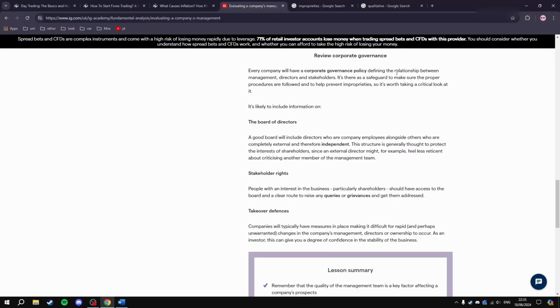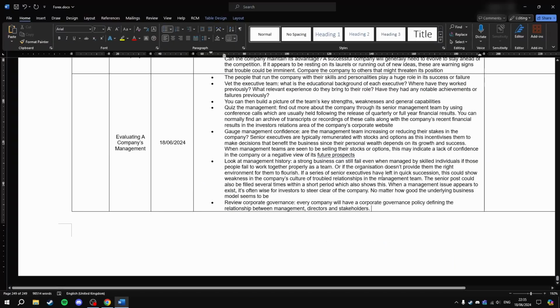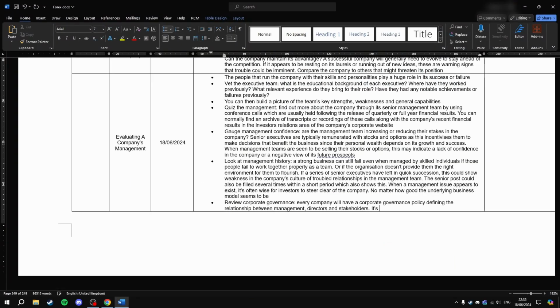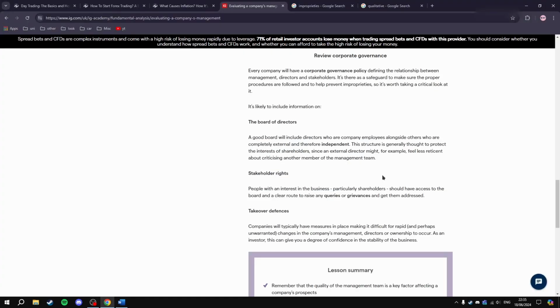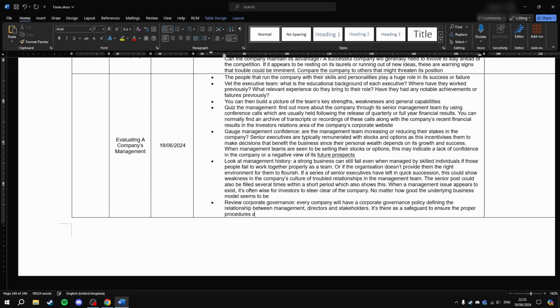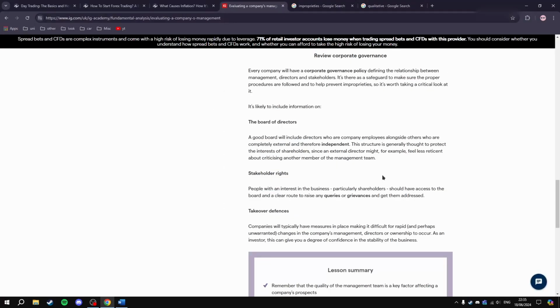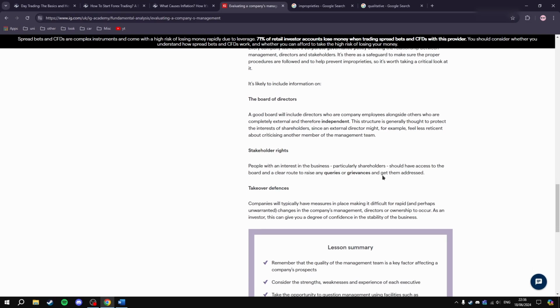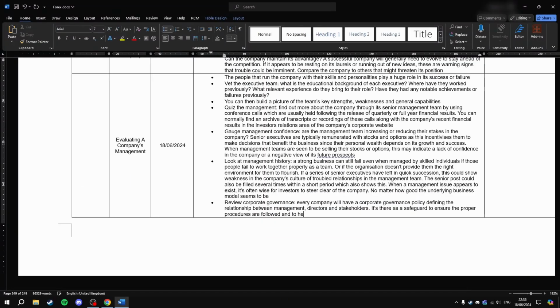It's there as a safeguard to ensure the proper procedures are followed and to help prevent improprieties.